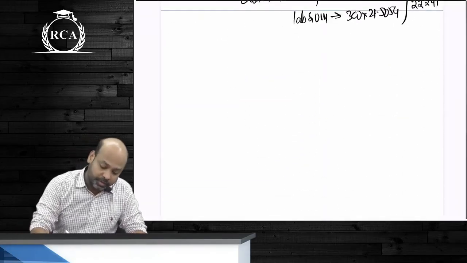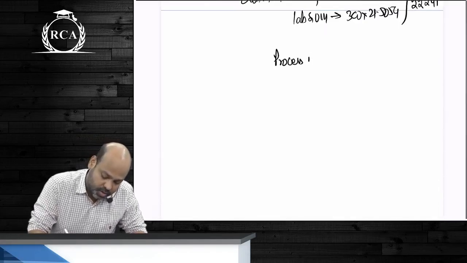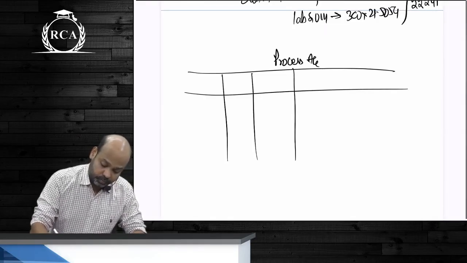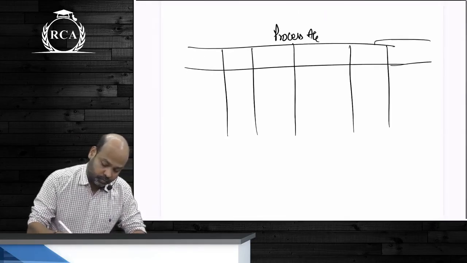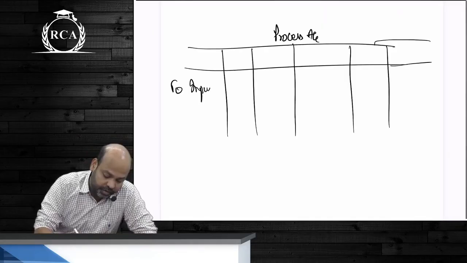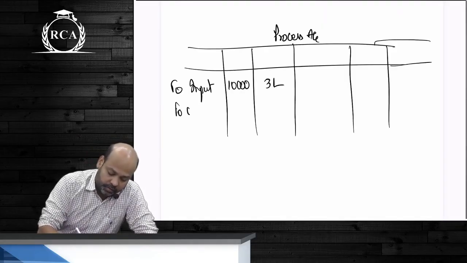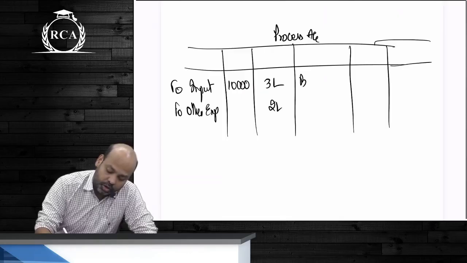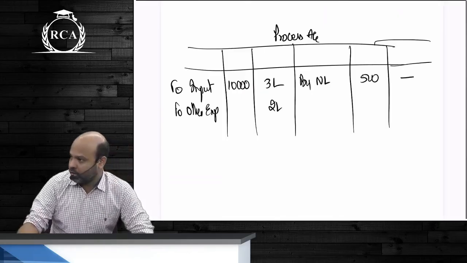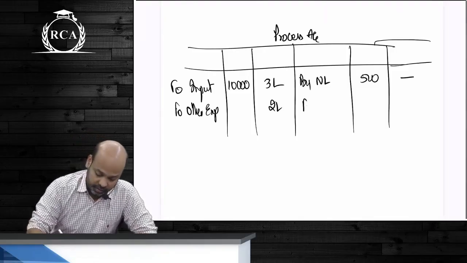Now when I prepare the process account guys, you will write on input, units introduced: 10,000 units at an amount of 3 lakhs. To other expenses, that is labor and overheads, whatever, how much? By normal loss, how many units? 0. No scrap value of normal loss, guys.